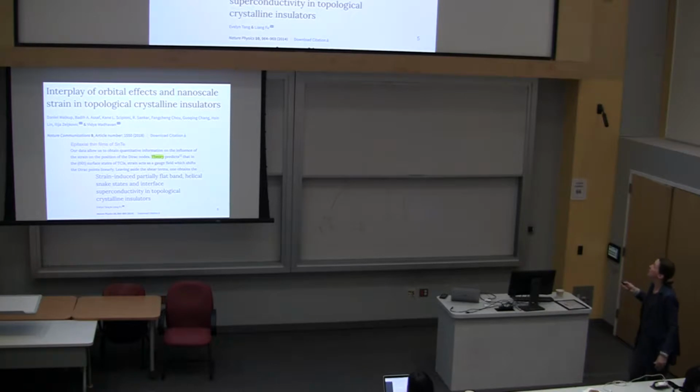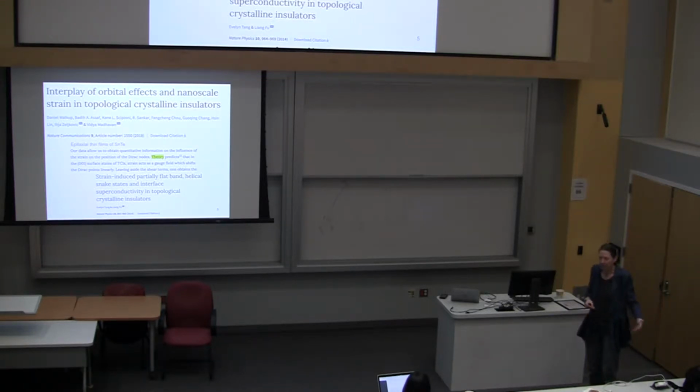That's no different here. In this paper, she's studying epitaxial thin films of tin telluride, and citing this theoretical paper to show how these interesting states are controlled by strain.